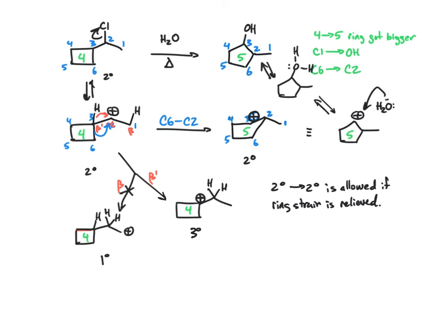Maybe let me just show you one more thing and then we'll wrap up, just so you can see where this is going. So this one is going to have a symmetry element, so it makes it more straightforward to think about.